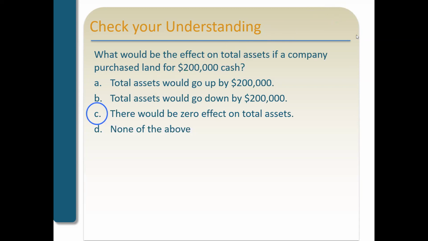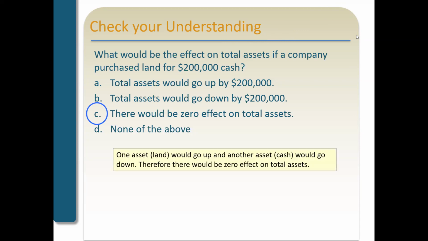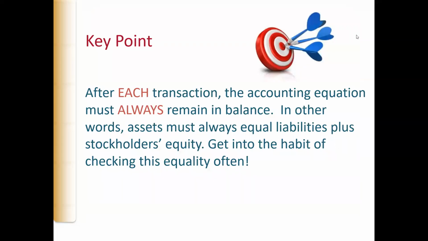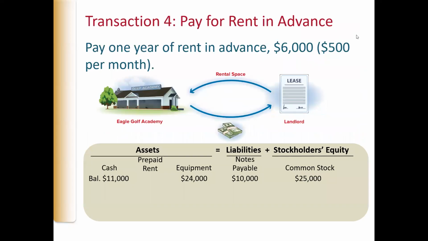There would be zero effect on total assets. One goes up, one goes down, but overall assets remain the same. After each transaction, the accounting equation must always remain in balance. In other words, assets must always equal liabilities plus stockholders' equity. Always check this out, guys.